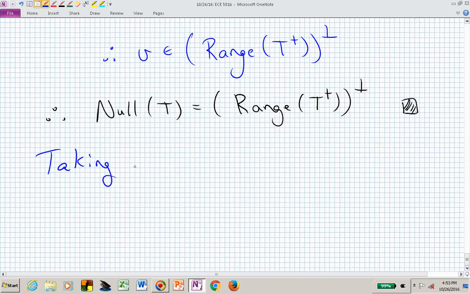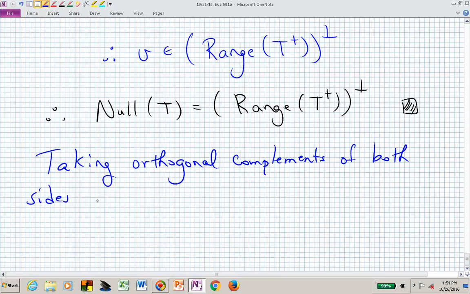Taking orthogonal complements of both sides of the remaining entries completes the proof.